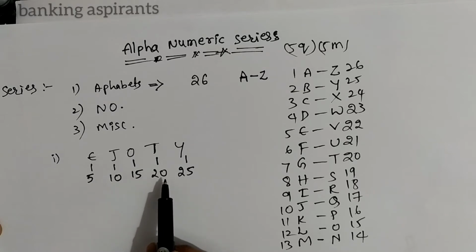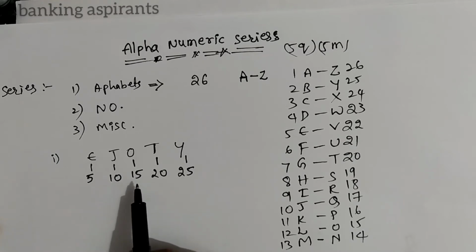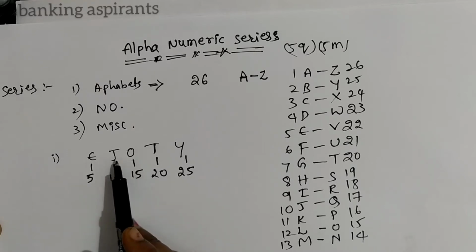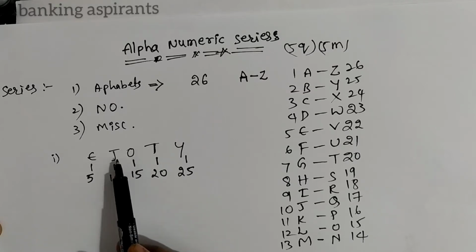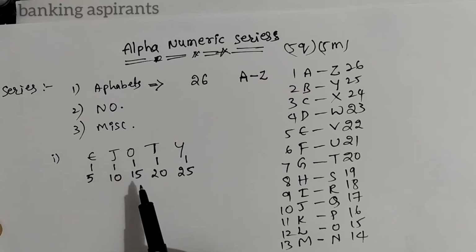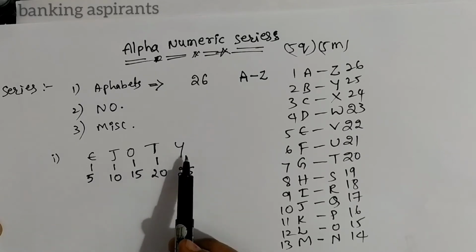Take the O. What is the position value of O? That is 15. What is the position value of N? That is before O. We know that position value of O is 15 and the number before is always 14. Next, what is the position value of X?